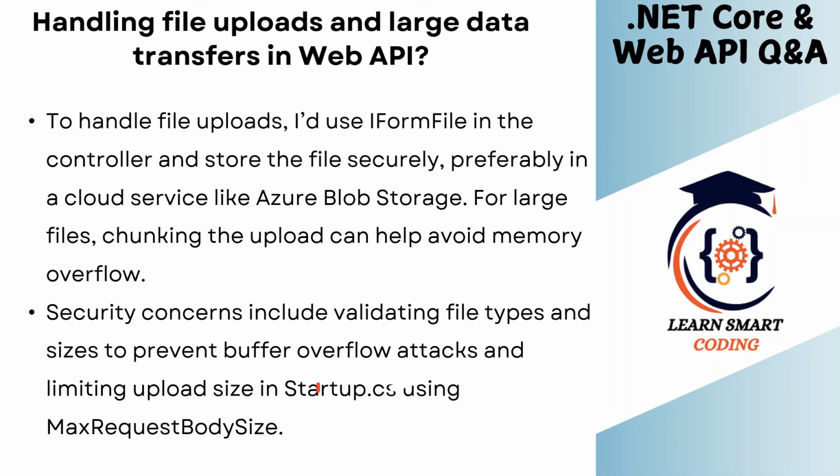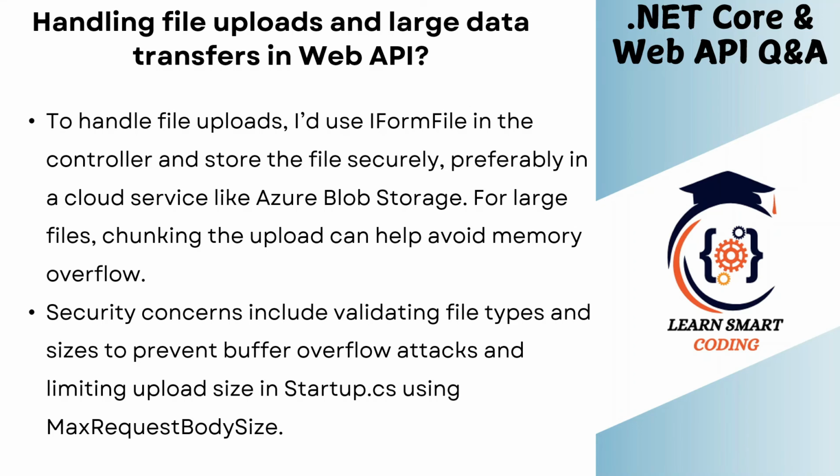If you are also questioned about file uploads and how you handle large file data transfer in a web API, basically you will use IFormFile to get the information of the file in the controller. Then you store it in Azure Blob Storage and retrieve it whenever you want, instead of storing it in the server itself, because it will go away.